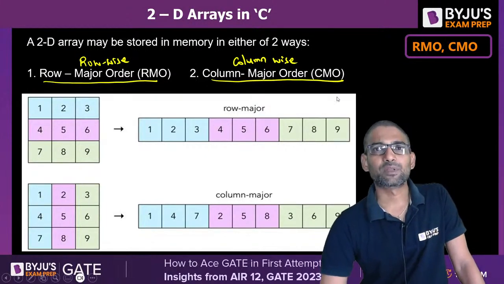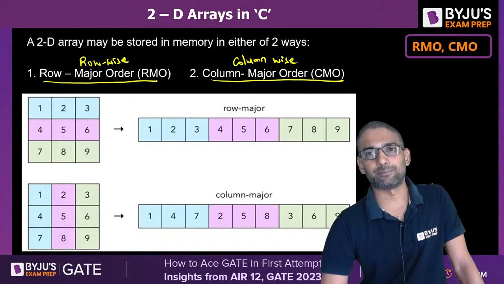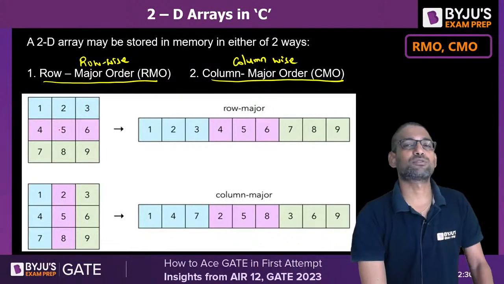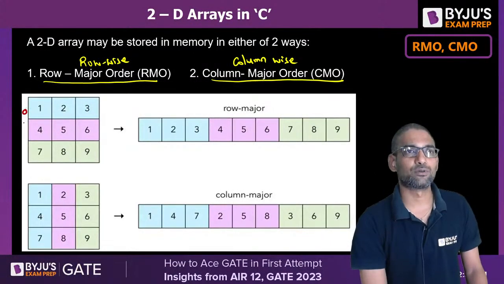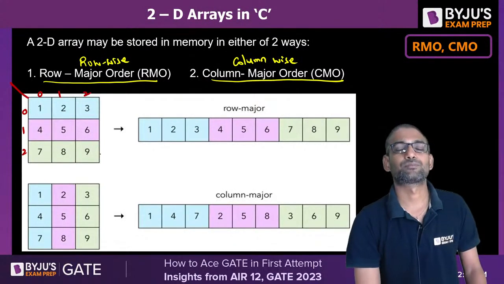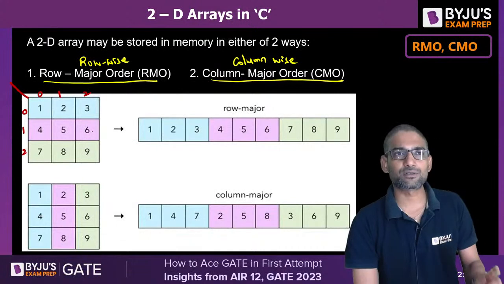Let us say here I have taken a 3 by 3 array. As you see in the diagram, 3 rows, 3 columns. So it's row 0, row 1, row 2, column 0, column 1, column 2. First row values, this is the first row.